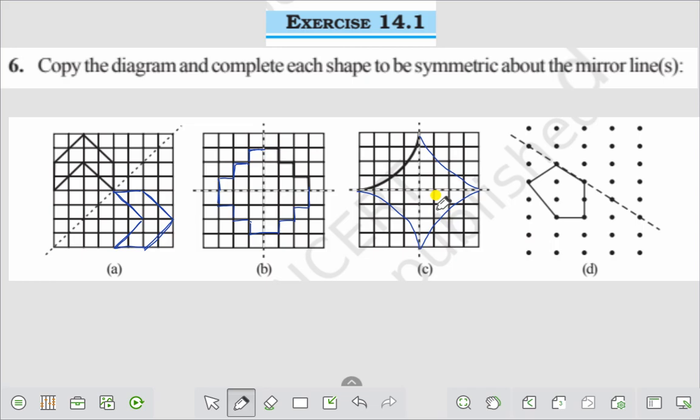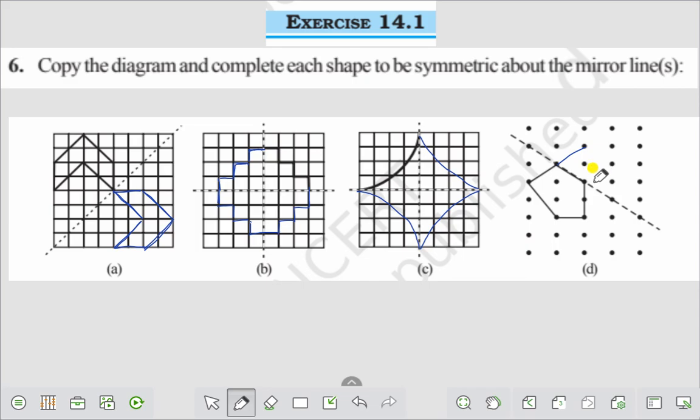Now question number D. How you can find the figure, you see, and find in this way. You can do in this way, that is, this is A. First you draw this line, draw this line straight, and you can draw another line, that is this one.